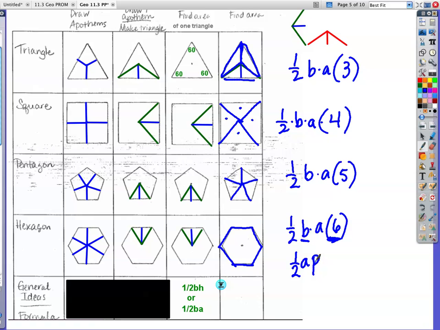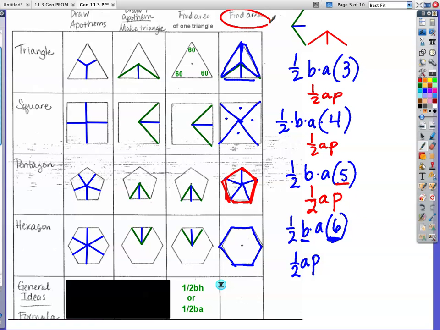Let me try that up here. Look at 5 of these bases. That's how many triangles I have, 5. And every base times 5 gives me the perimeter. So this would be 1/2 A times the perimeter. 1/2 AP. P stands for perimeter. 1/2 AP. It happens in every case.